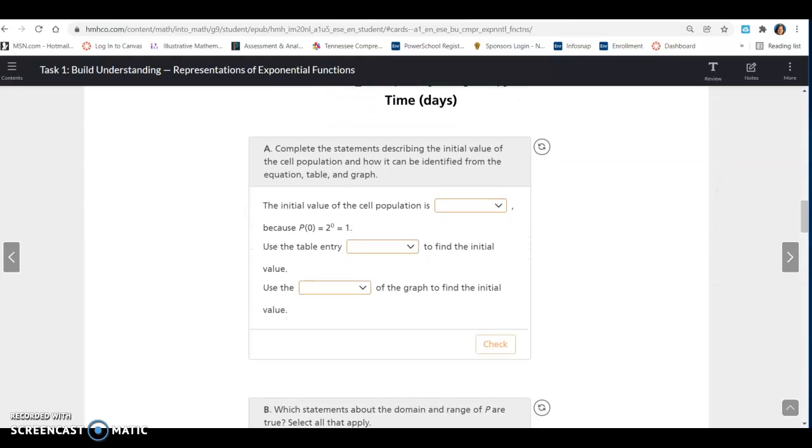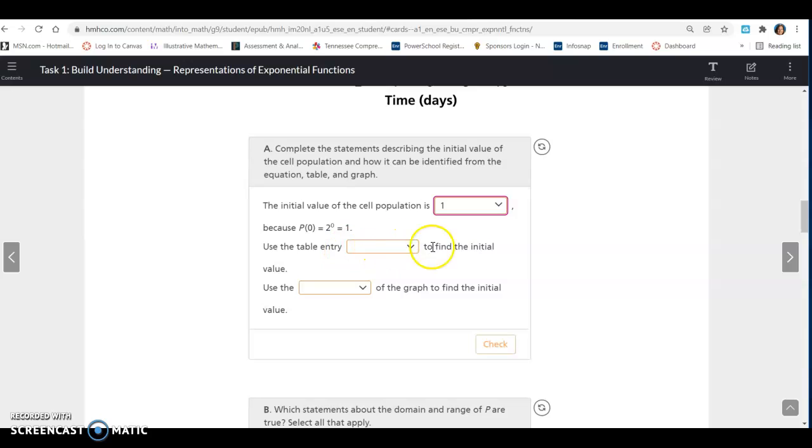All right, so it says compare the statements describing the initial value of the cell population and how it can be identified from the equation, the table, and the graph. So the initial value of the cell population is 1. We started with 1 cell, because P of 0 equals 2 to the 0 power equals 1. Okay, so anything to the 0 power equals 1. Again, that's properties of exponents.